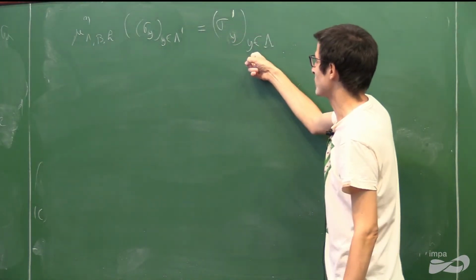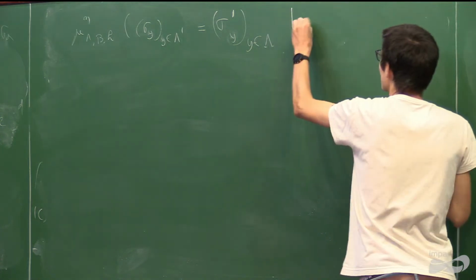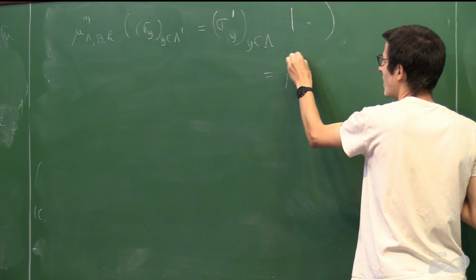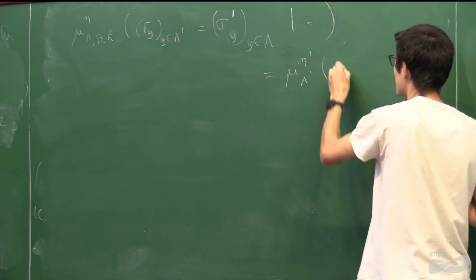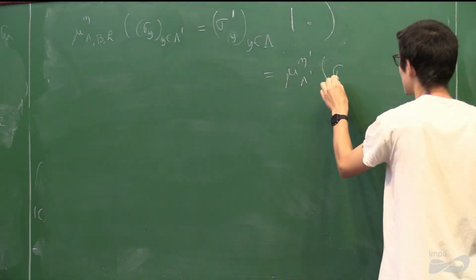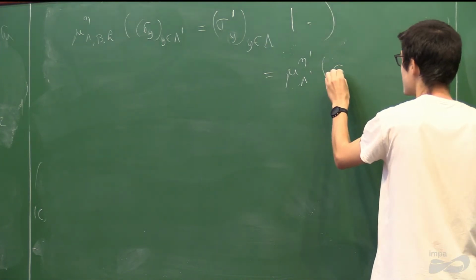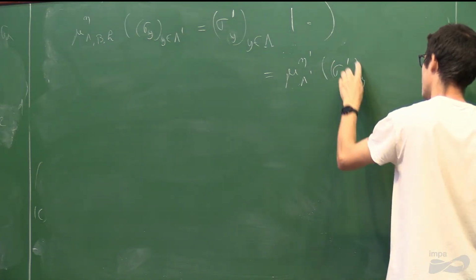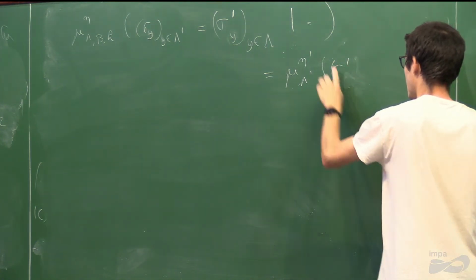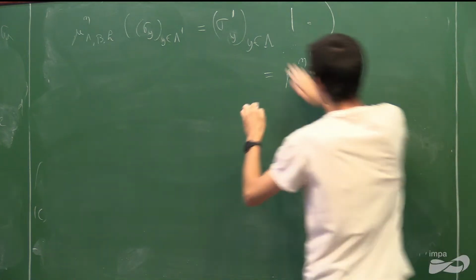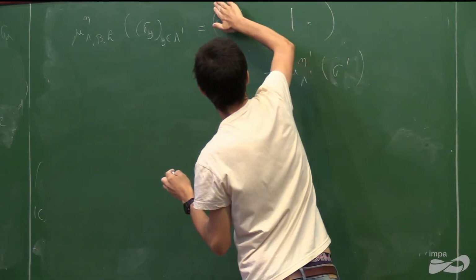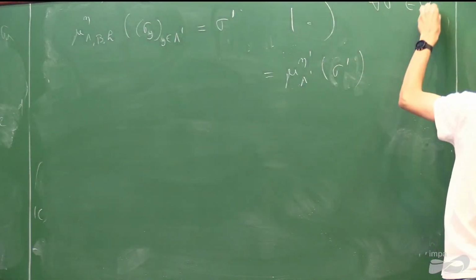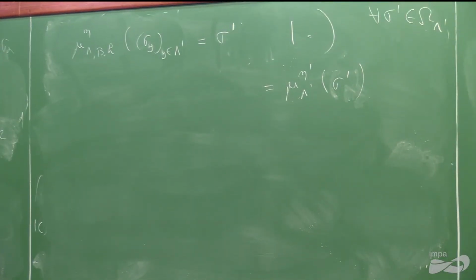This is a fixed configuration. I want to show that this conditional probability is equal to this, and that this is true for all sigma prime in omega lambda prime.